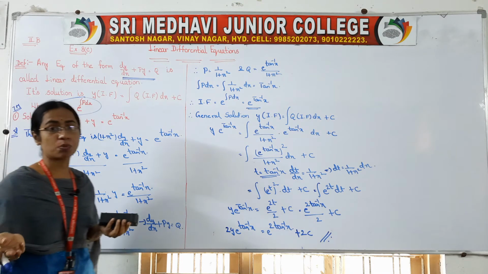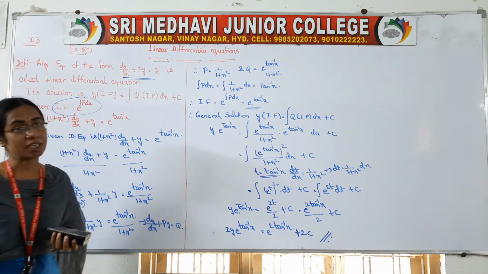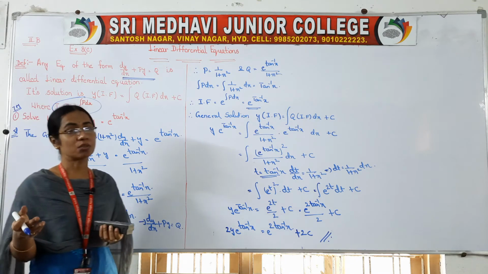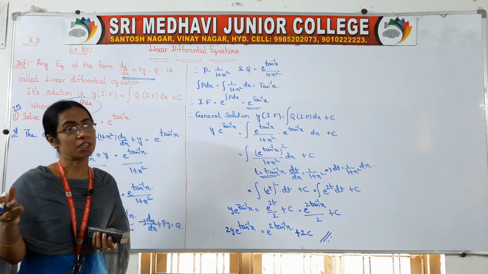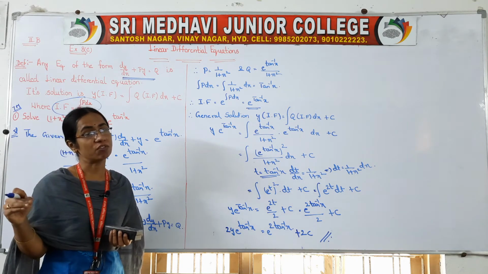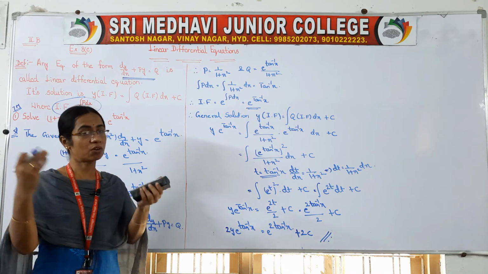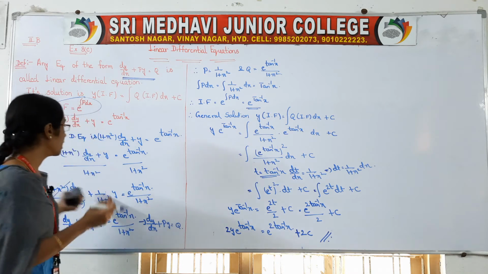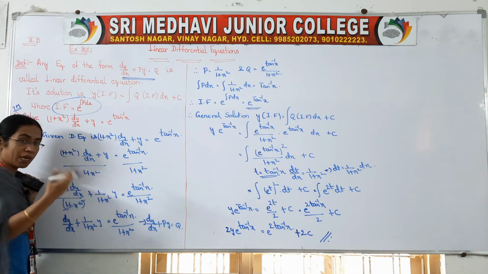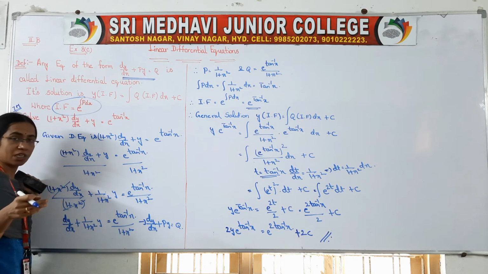Even in the previous problem also dy by dx is there. After that two terms are there, which means mostly it will be in the form of linear differential equation, right? So we have to reduce it into linear differential form by multiplying or dividing some terms, right?